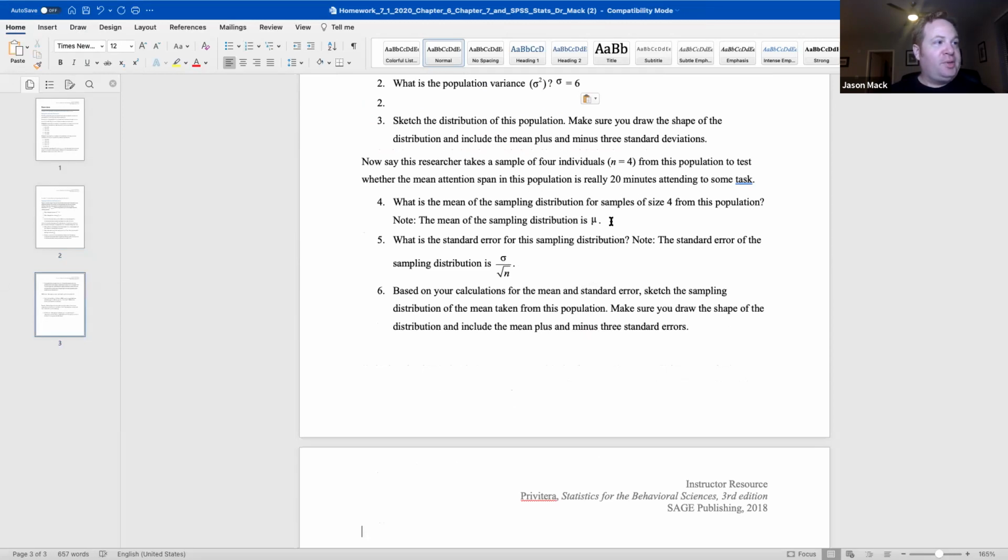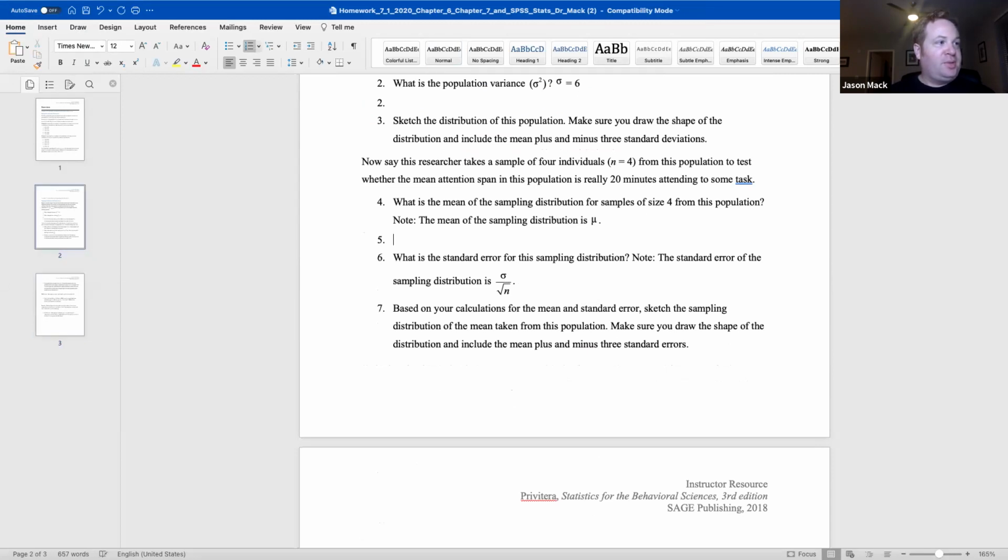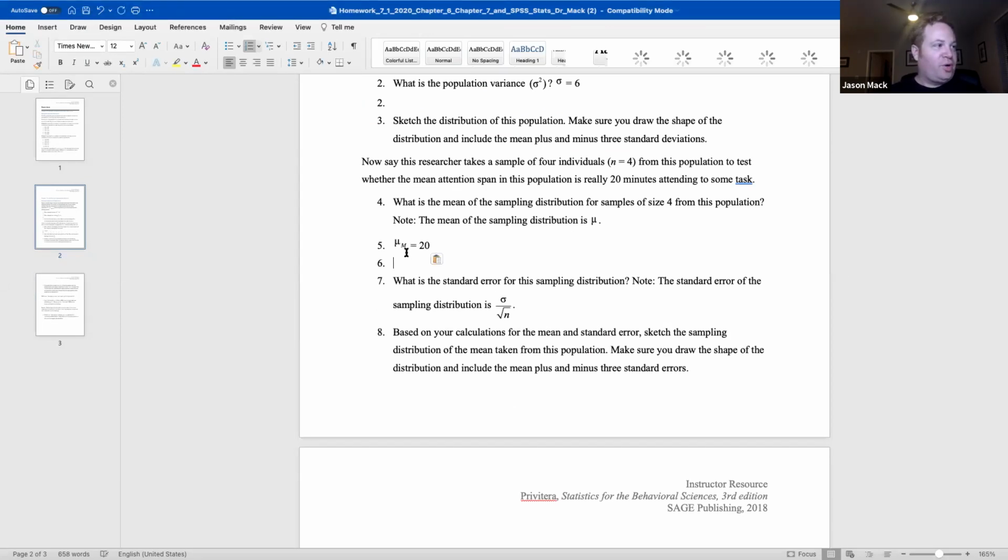What is the mean of the sample distribution for the sample size 4 of this population? The mean of the sample distribution is the mean. So it's going to be 20 again, because it told us in the beginning. So this one's really straightforward.